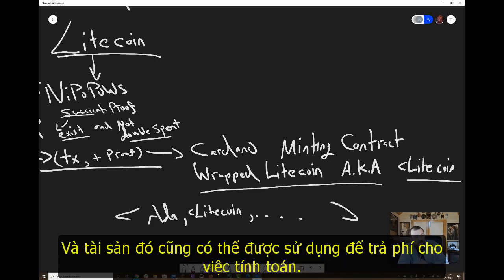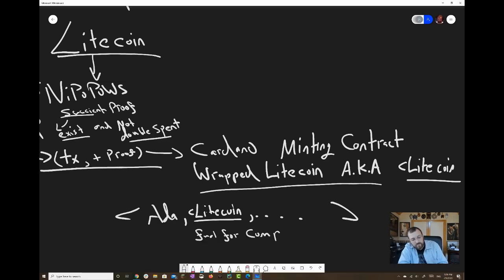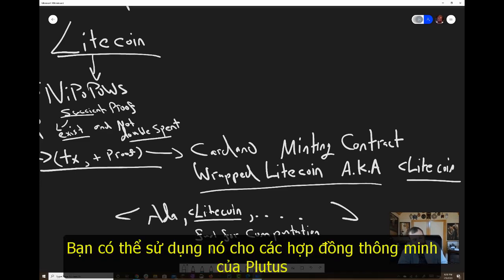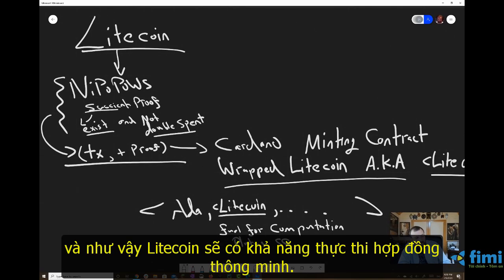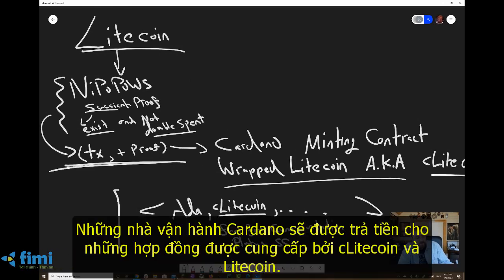And that other asset that's floating around the system could also be used as fuel for computation. So you could use this for Plutus smart contracts. And then suddenly, Litecoin now has smart contracting capabilities. And the people operating Cardano now get paid for those contracts that are powered by Litecoin.